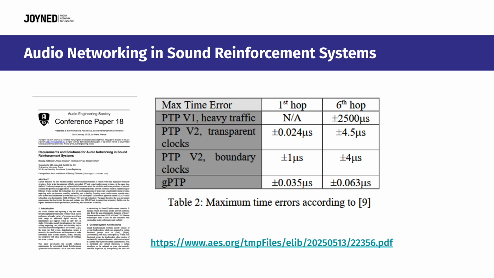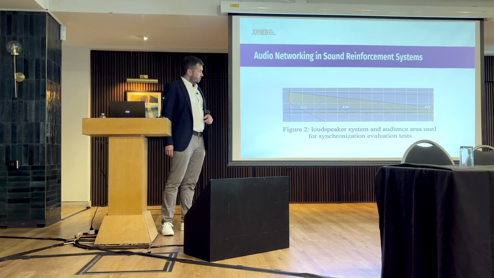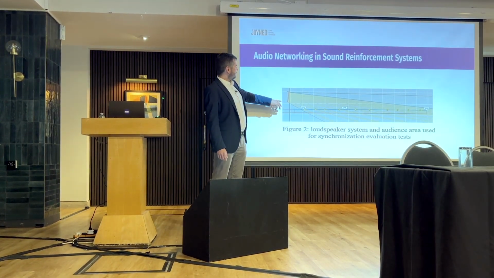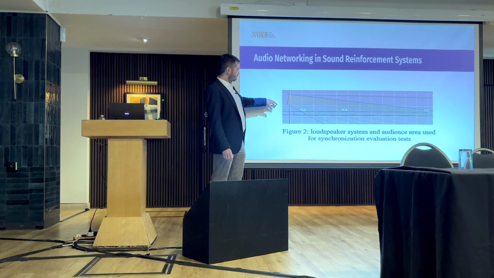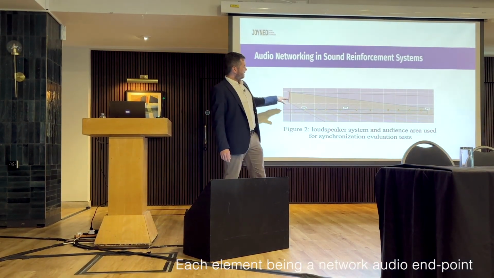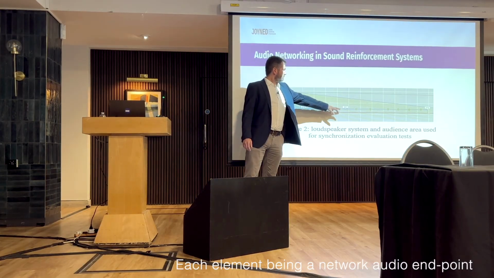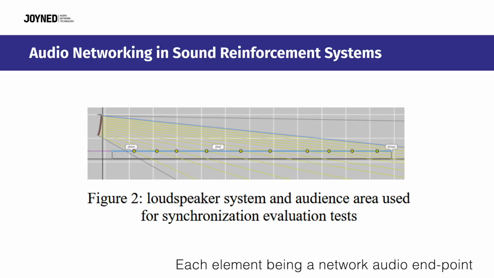So what does that mean for our audio signal? If we take an example where we look at a line array with 12 elements and we analyze the frequency response in some reference point here, then we can calculate how much error we get in the frequency response depending on the timing error.